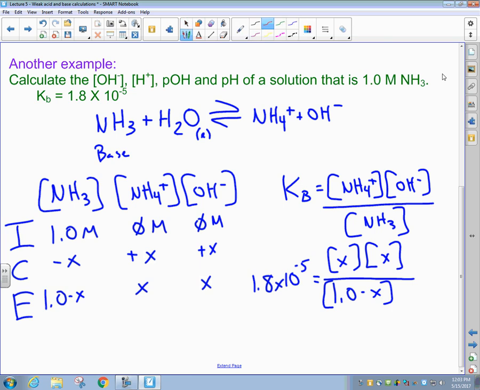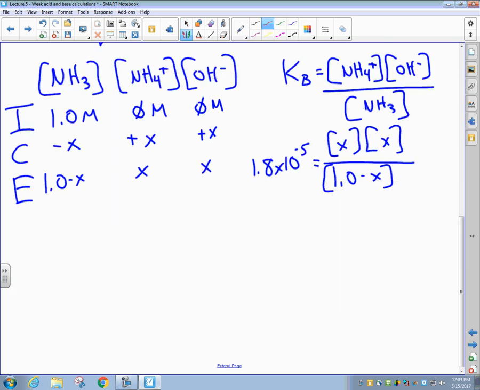We have a very small KB value, which means that most of the material will stay on the reactant side. Few ions will be produced. Therefore, it is safe for us to make the assumption that X is going to be way smaller than 1.0. That allows the minus X to drop out of the problem and simplifies the algebra tremendously.